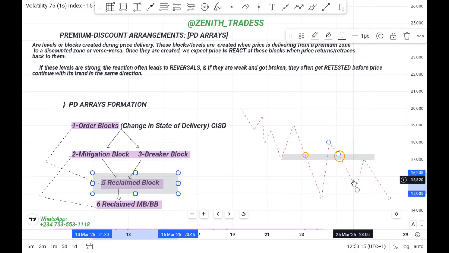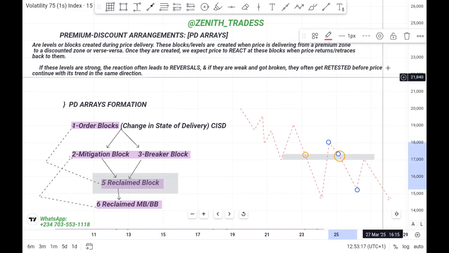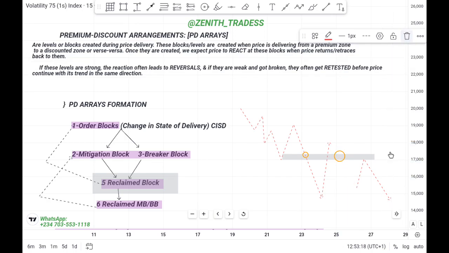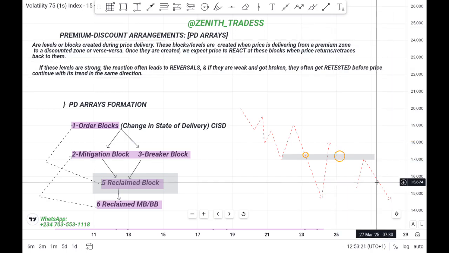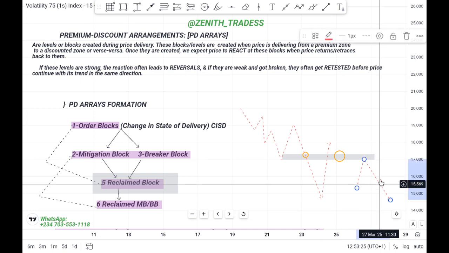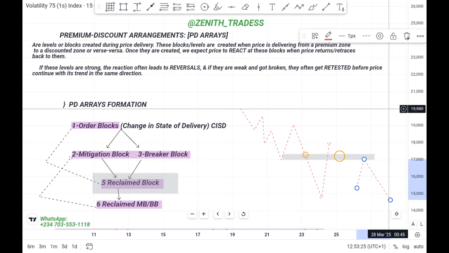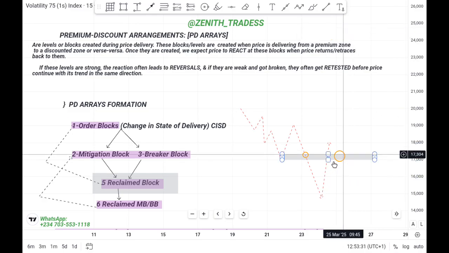After it got reclaimed, we expect a retest for price to continue bullish. So it is the reclaim block we pay attention to mostly, because it is what we are going to use to frame our entry pertaining to the edge I will share in this very video.